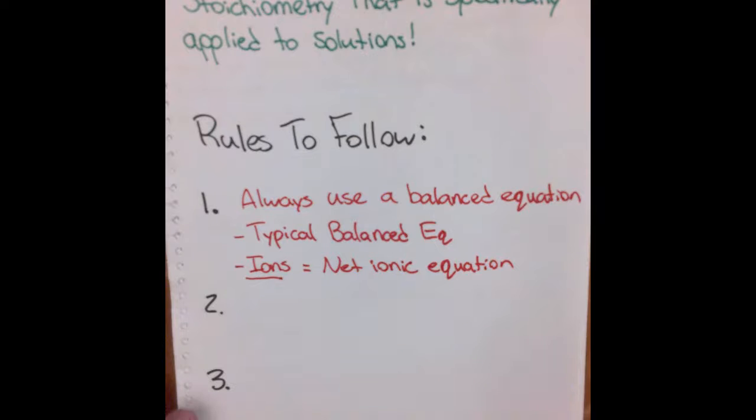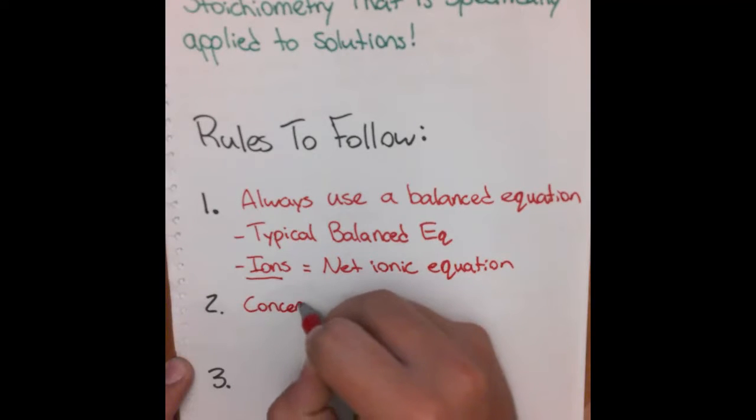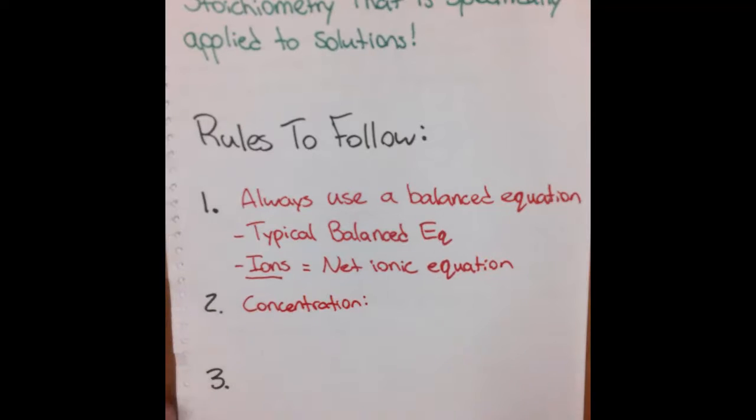The next thing, which is more so just an equation that we have to remember, is our equation for concentration. A lot of the time we deal in moles, but sometimes we're not given the number of moles in a certain solution.